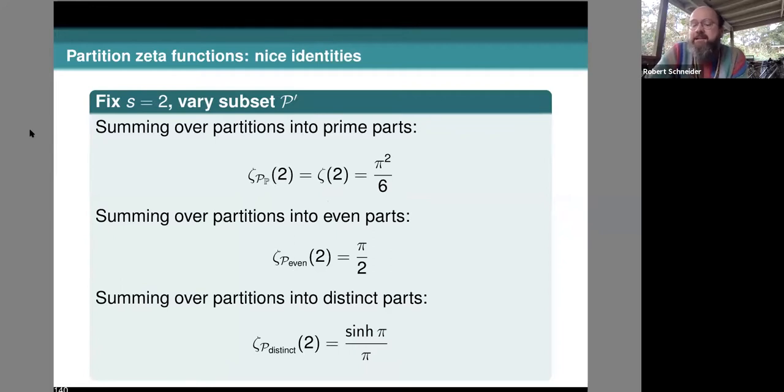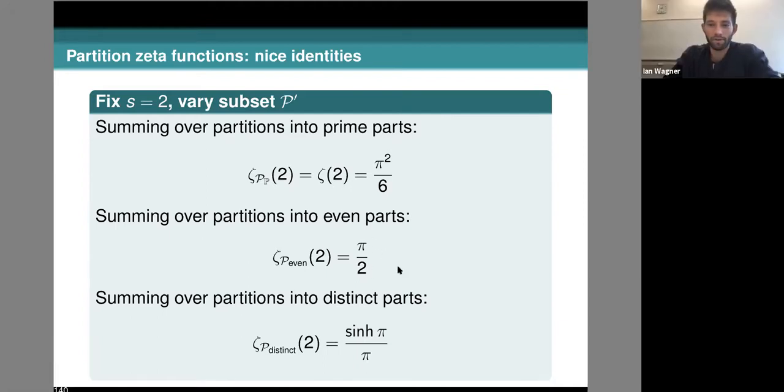It reduces to that in that case again. We get classical number theory when we make that particular specialization. If we sum over partitions into even parts, then you see that the zeta function gives pi over 2. This is pretty cool because from the Eulerian cases, we don't get odd powers of pi.